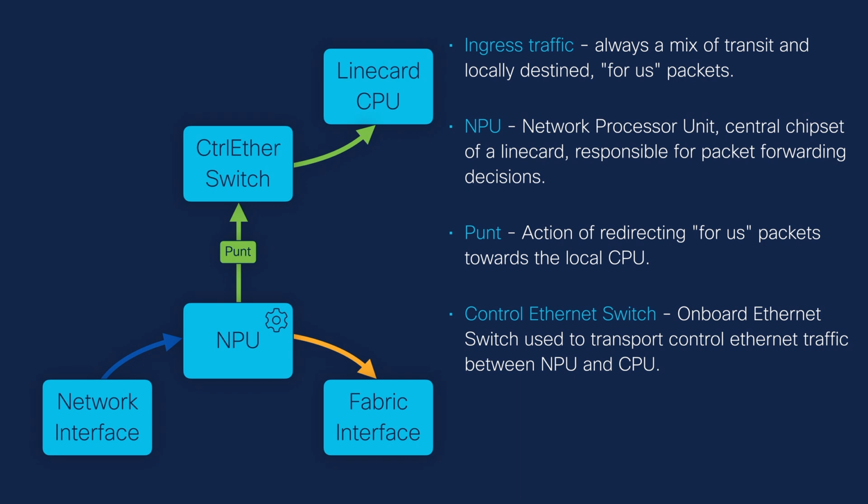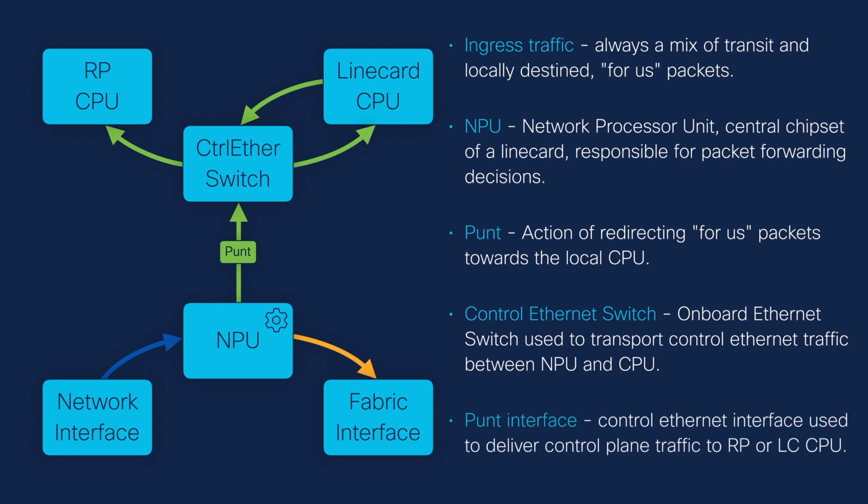Control Ethernet switches from each line card are interconnected as an internal Ethernet control plane network to which the route processor or RP have access. A punt interface is a generic term describing a control Ethernet interface used to deliver control plane traffic to either RP or LC CPU.